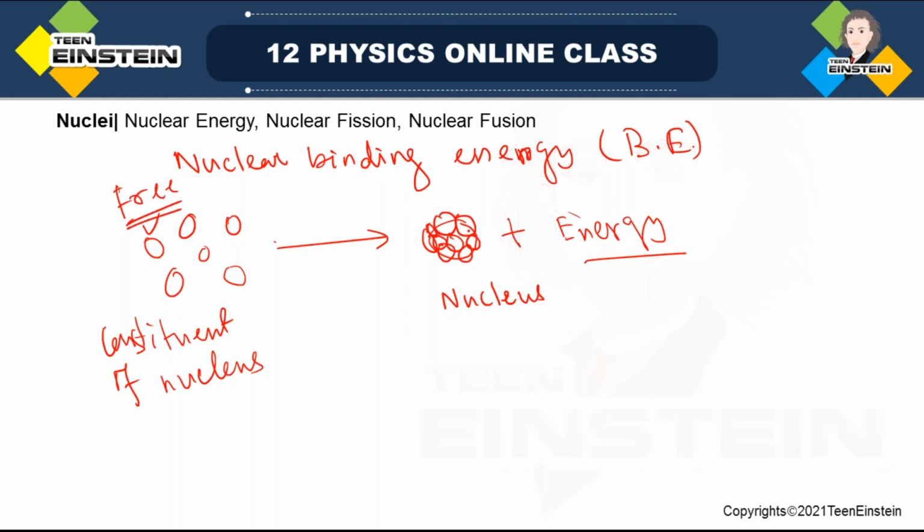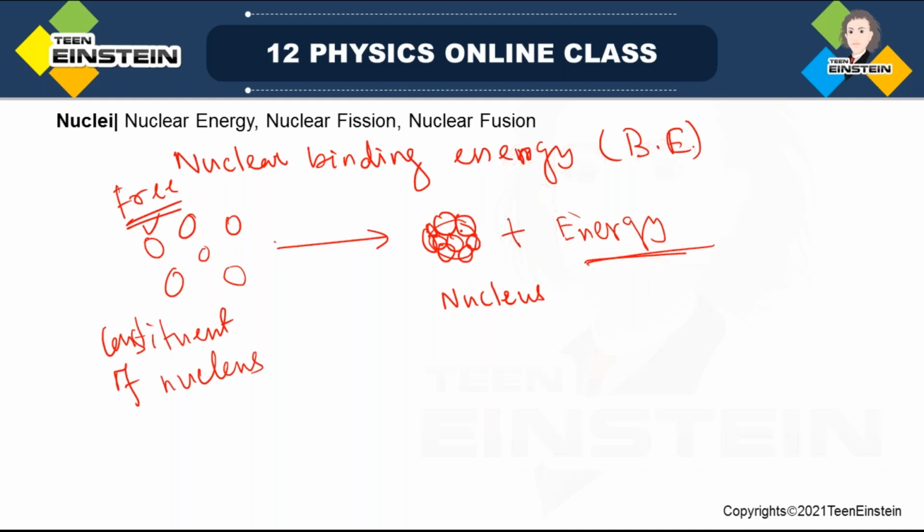Now they are made compact and attract each other in a very tiny space. So for binding all of them together in a compact way, you need some energy. That is called binding energy. And in this process there will be a release of energy. The amount of energy released is the measure of the binding energy of that nucleus.